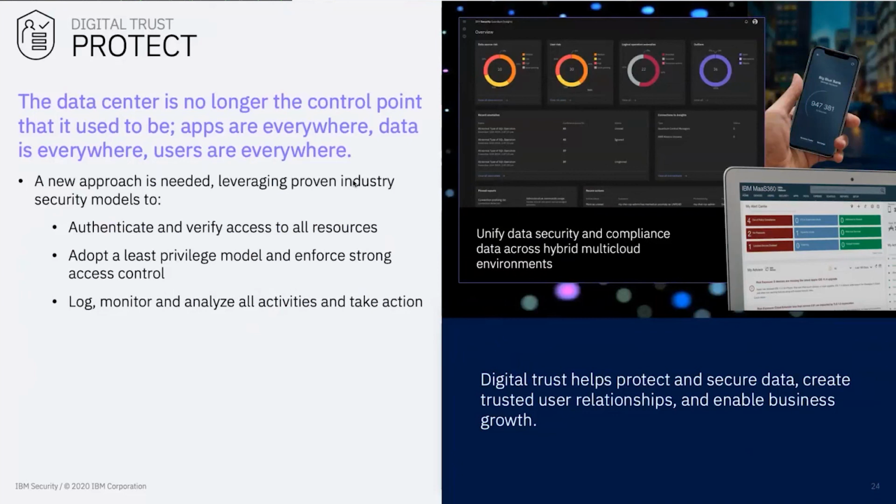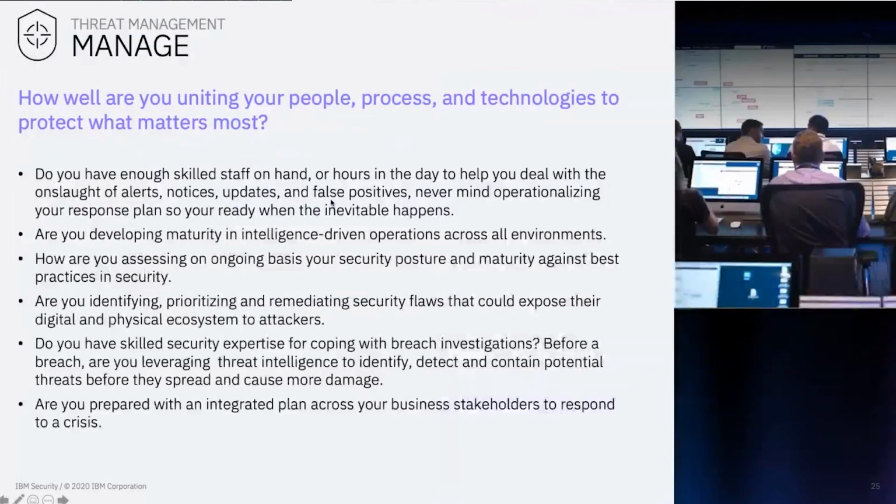When you think about in your own environment where your data is, it's the real reason why we need to think about new ways of securing that data that we have. And whether that's through zero trust or other mechanisms for digital trust, we need to think about that new method. And then finally, we need to manage on an ongoing basis the way that we're uniting people, process, and technologies.